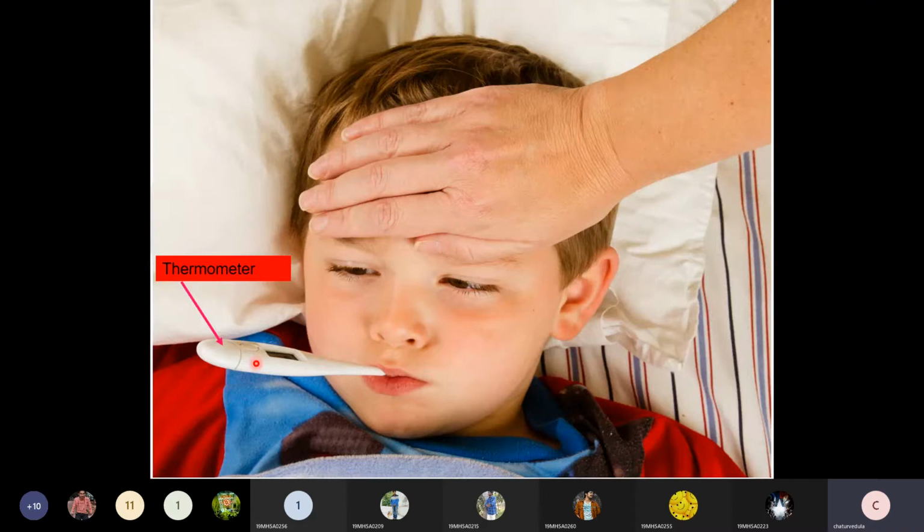The range of temperature at which you say you have fever, do you know it? Can you say the value of the temperature at which we say we are affected with fever?